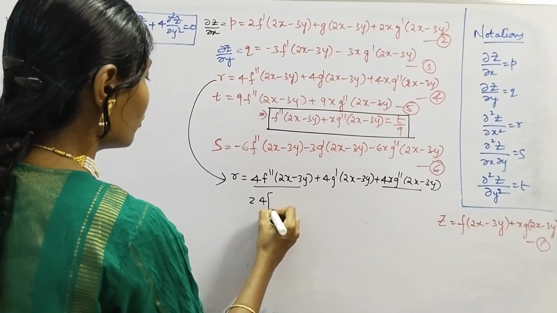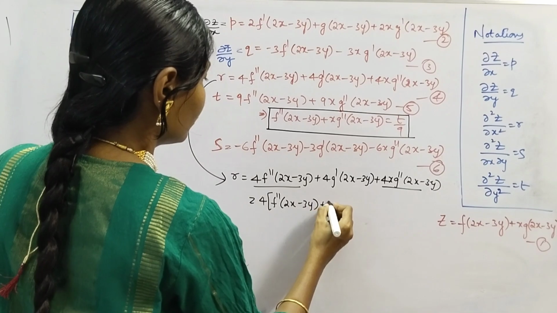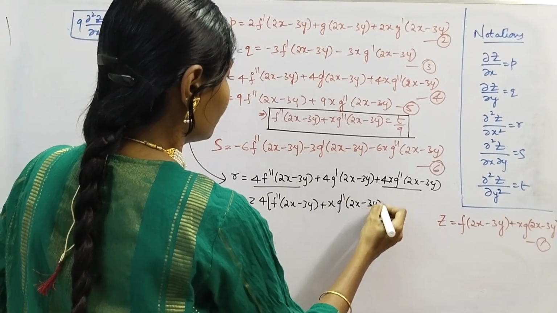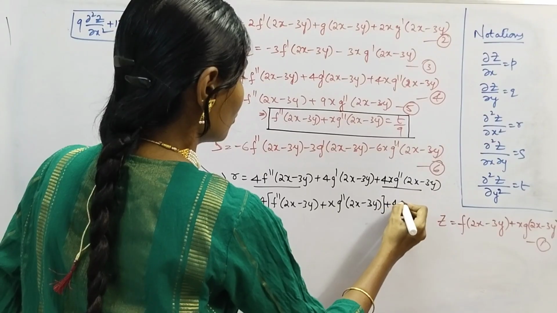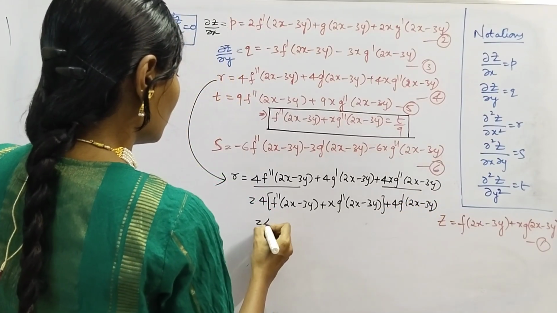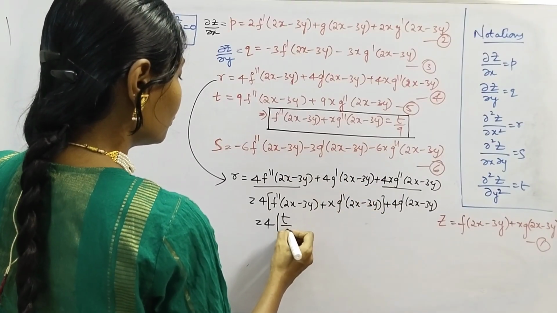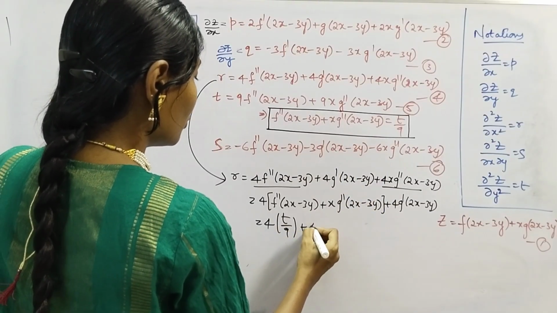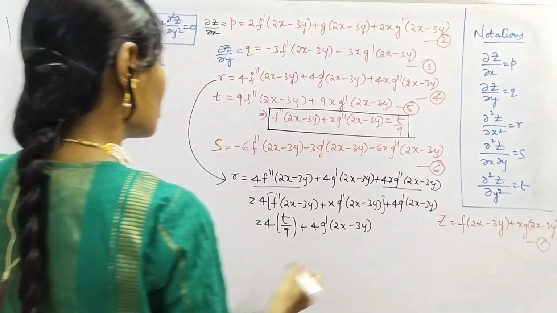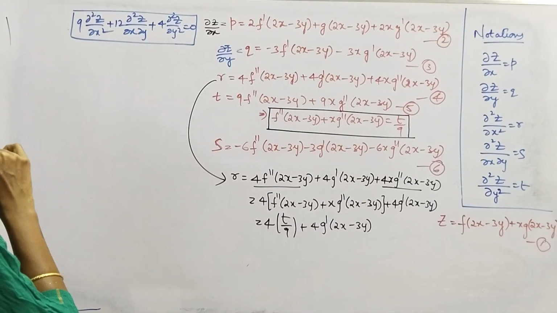We'll get 4 times f double dash plus xg double dash plus 4g dash of 2x minus 3y. Just replace this using t by 9, plus 4 into g dash of 2x minus 3y. Okay, fine.